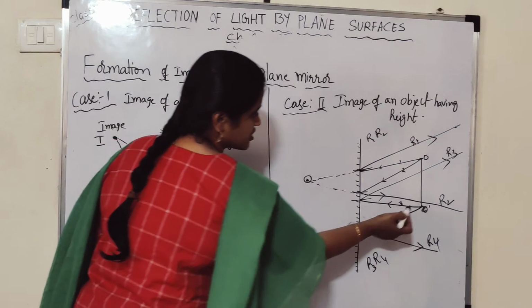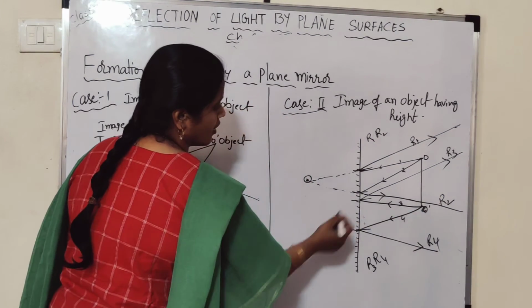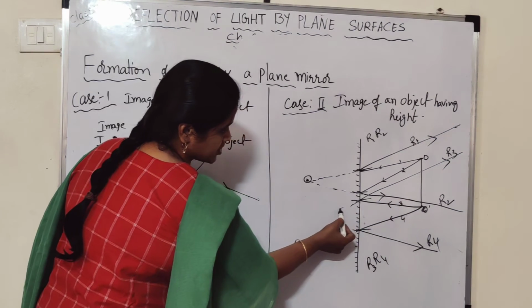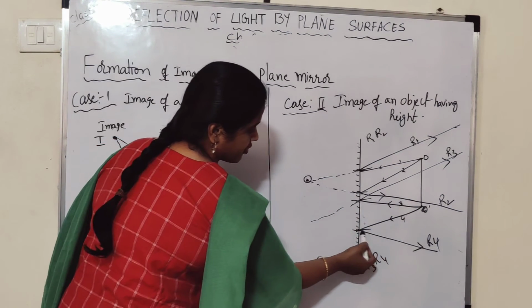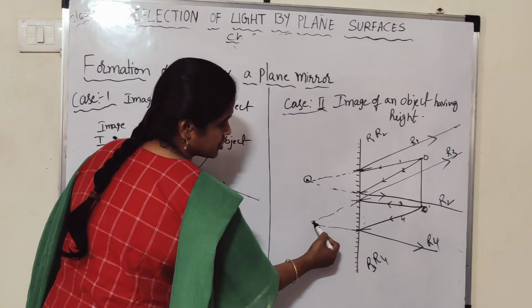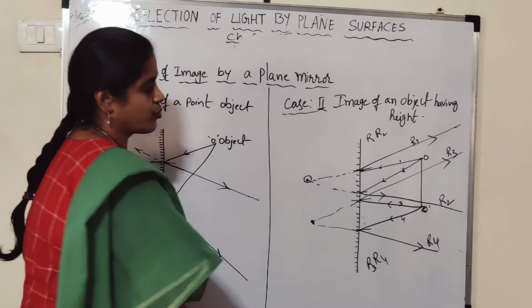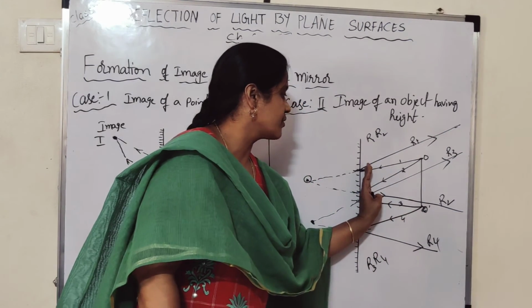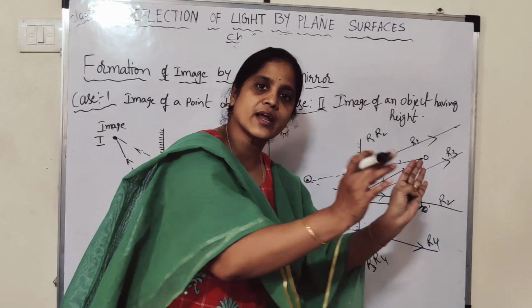Then take ray 3 also, just extend it, and ray 4 also. These two rays will seem to meet at one point. Actually they will not meet. From the surface of the mirror, these reflected rays are only diverging.